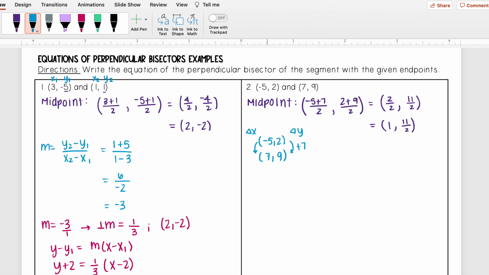And then to get from -5 to 7, I need to add 12, because -5 plus 12 gets me 7. And so that means that my slope, which is my change in y over my change in x, is going to equal 7 over 12.